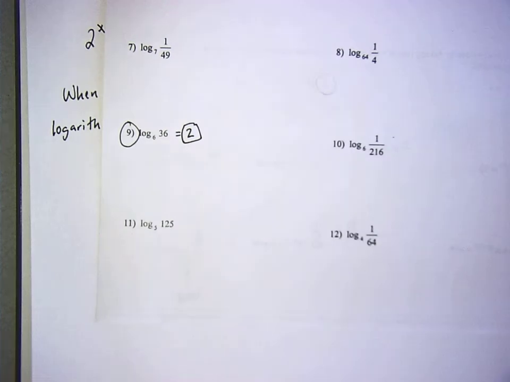Turn to your partner. Do like 2 more of them. You pick. Remember, it's not what it's multiplied by, it's what power is it?